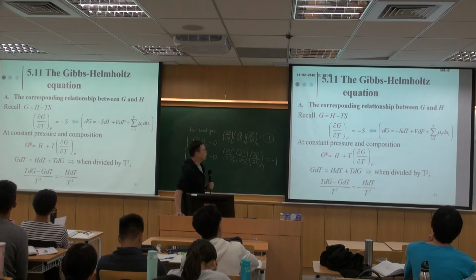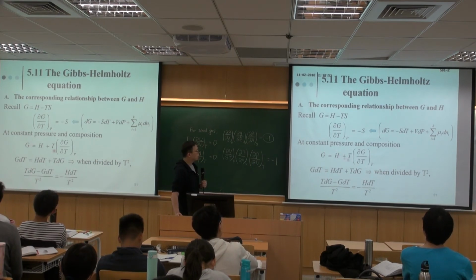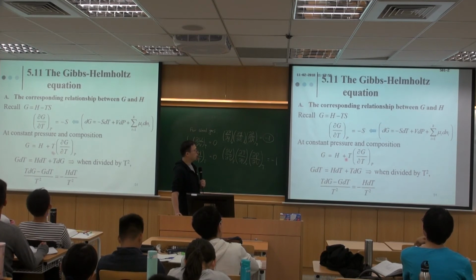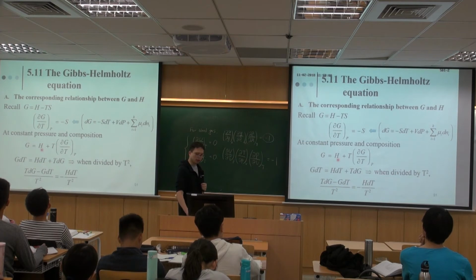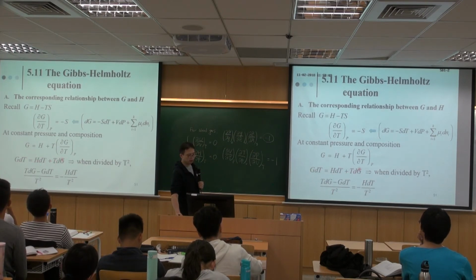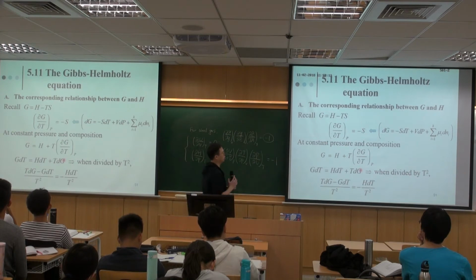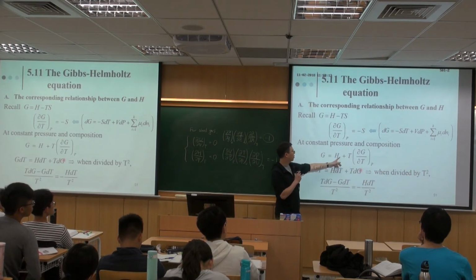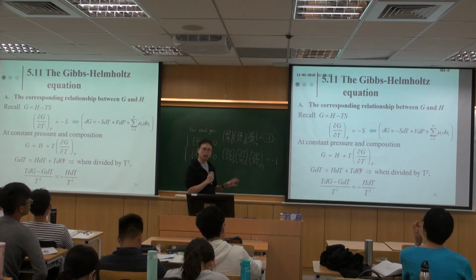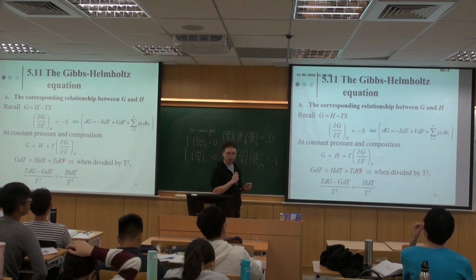Okay, and if you times both sides with dT, and if you consider this as a constant pressure process, again, constant composition, you will have G dT as H dT plus T dG, because you simply move this dT up to here and here. But please bear in mind that this is a constant pressure process, so P is fixed.